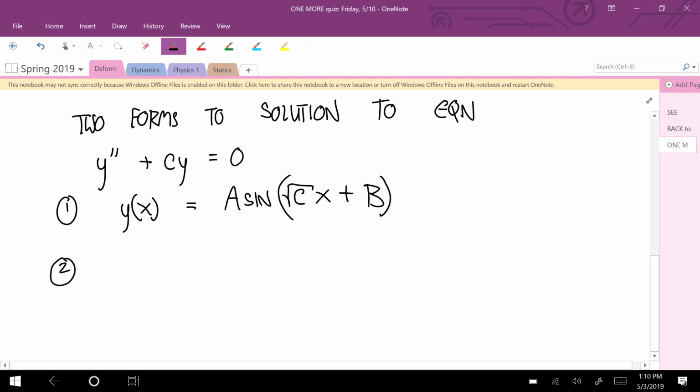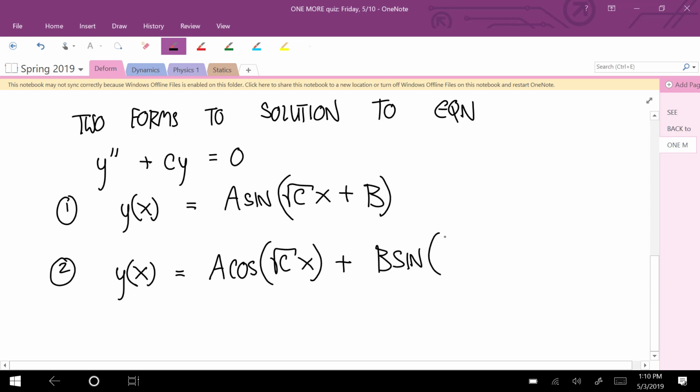And the second way you can write it is that y of x is equal to a times the cosine of square root of c times x plus b times the sine of square root of c times x. Those a's and b's aren't the same thing, but either of those is a valid general form of the solution.